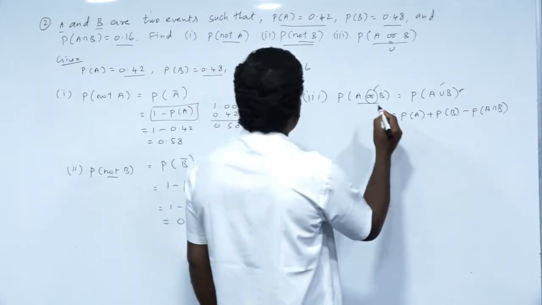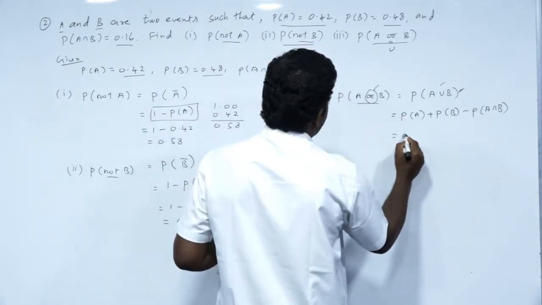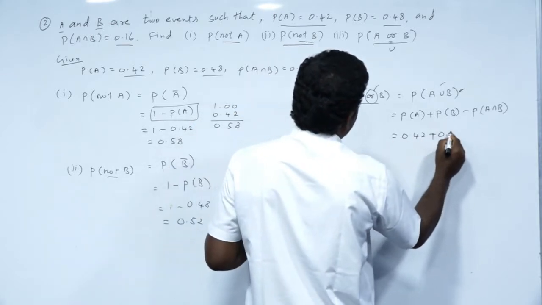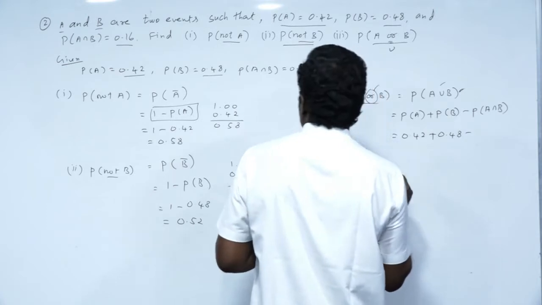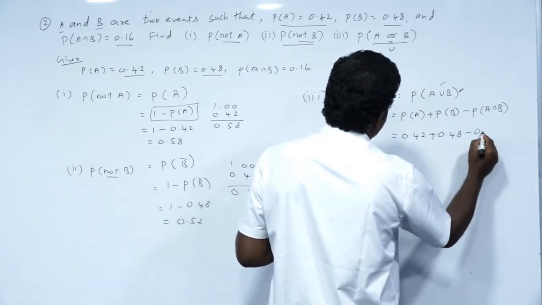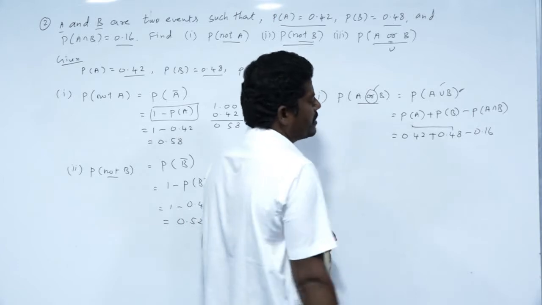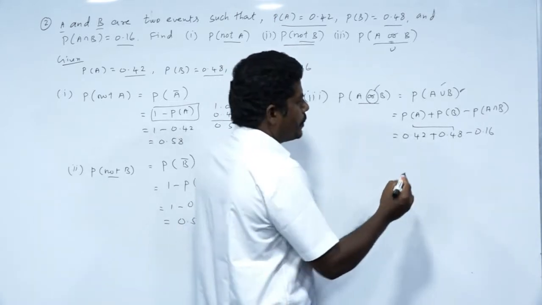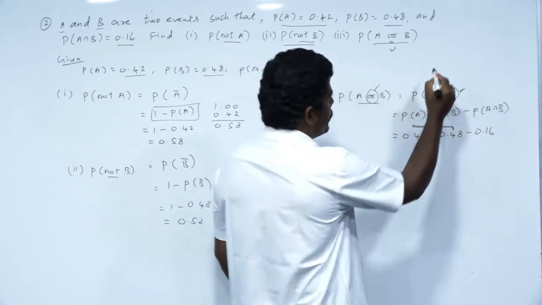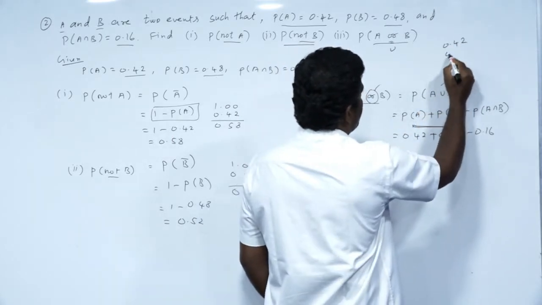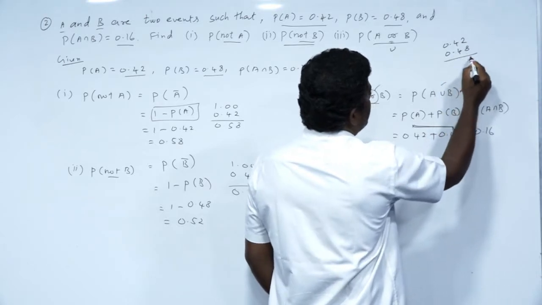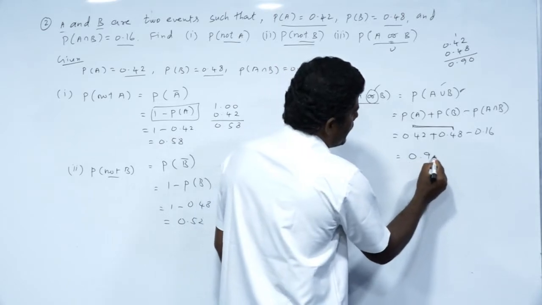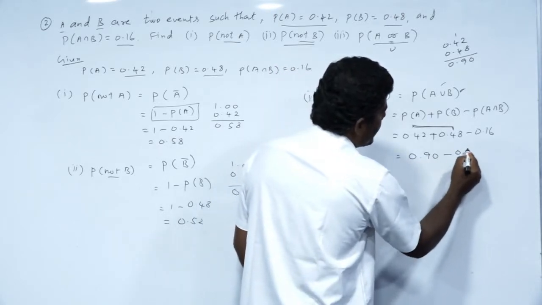Here probability of A is 0.42, plus probability of B is 0.48, minus probability of A intersection B, which is 0.16. Both are positive values, so first you add them: 0.42 plus 0.48 gives 0.90. Take this as it is, minus 0.16.